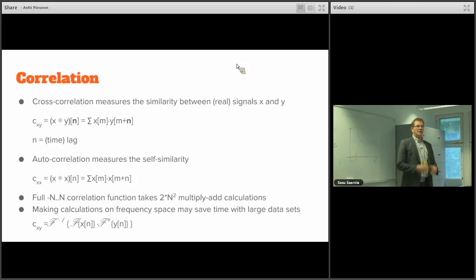On the other hand, you can do everything also in frequency space, which is nothing to be afraid of. You just simply take the Fourier transform of the signal and multiply it with the complex conjugate of the Fourier transform of the other one, and then you take the inverse Fourier transformation.